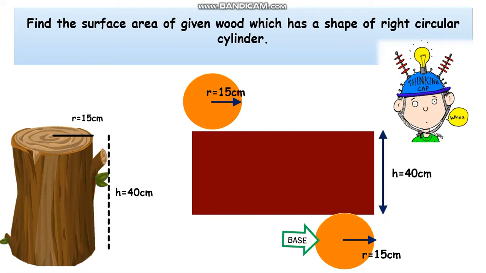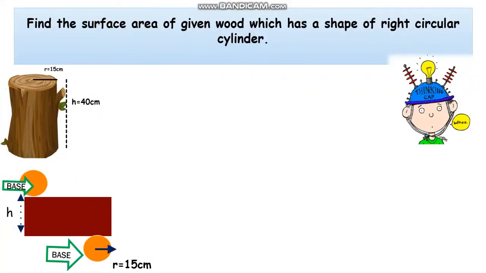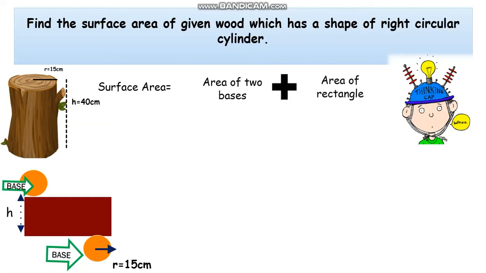So let's look at the question. Here we will make some calculations to find the surface area of the given wood. We know that the surface area means covering all parts of the cylinder. So it means that if we have two bases, the area of two bases plus the area of the rectangle.